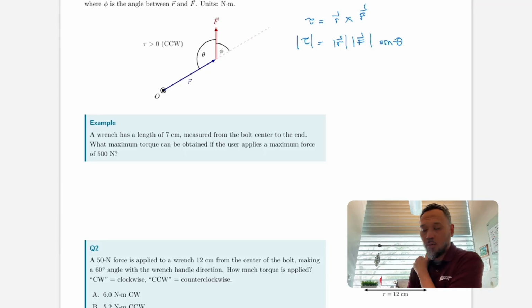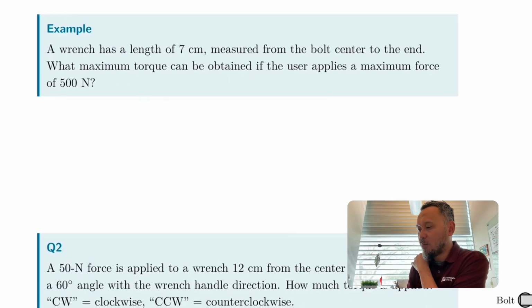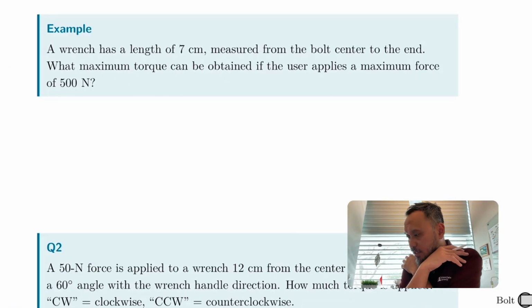So we have this question. A wrench has a length of 7 centimeters, measured from the bolt center to the handle. What maximum torque can be obtained if the user applies a maximum force of 500 newtons?